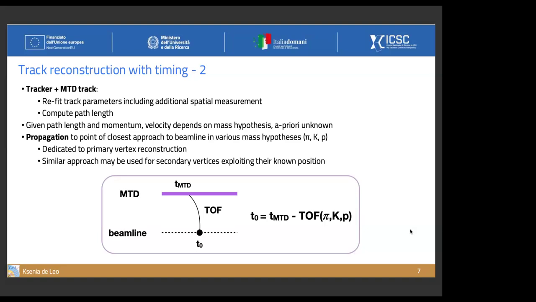So what we do is propagate the time from the MTD surface to the beamline using various mass hypotheses. We choose pions, kaons, and protons as the most probable ones. This propagation is dedicated to our primary vertex reconstruction, while a similar approach may also be used for secondaries, exploiting their known position.